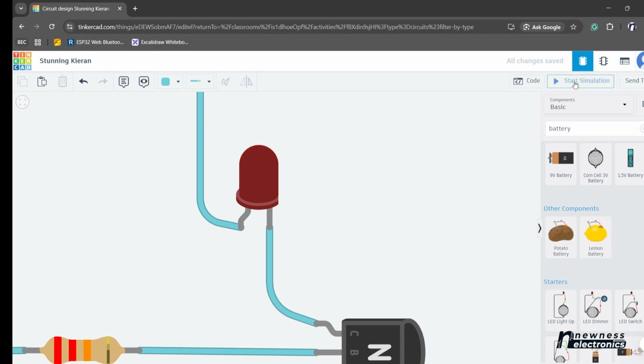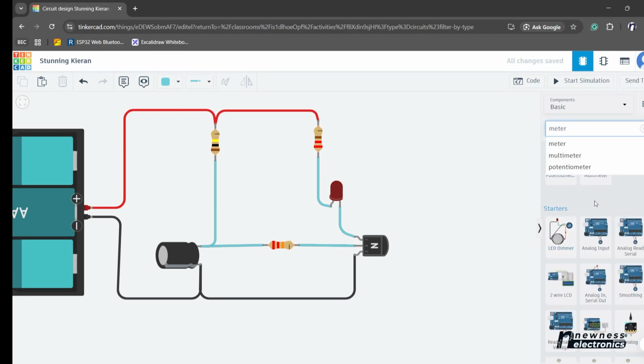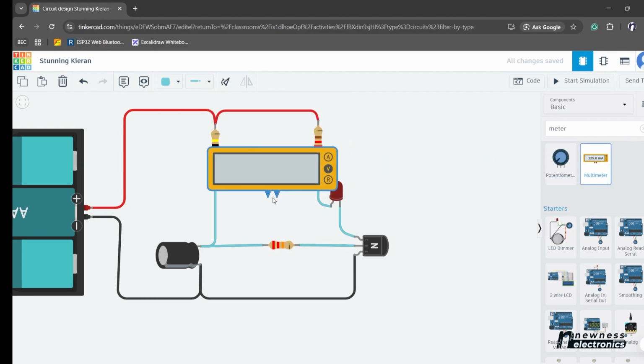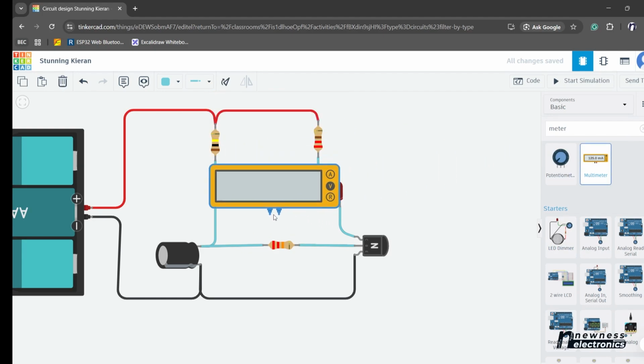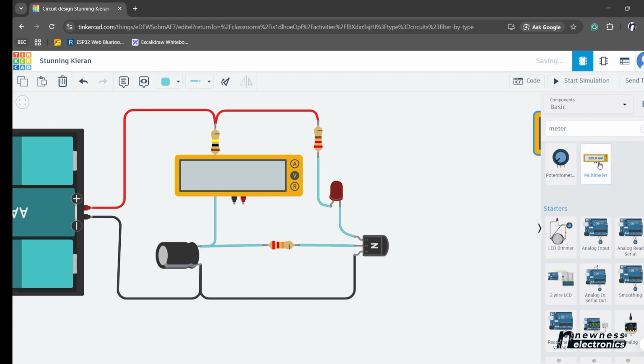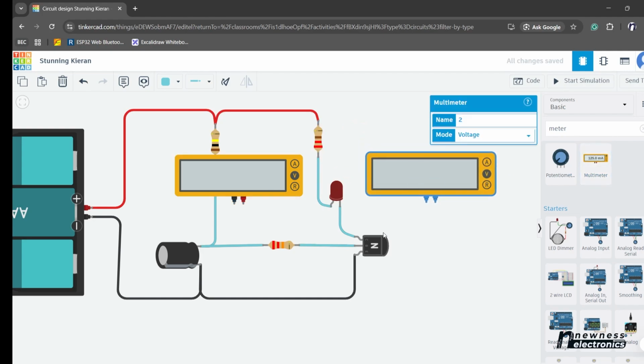Let's see how we can understand what is actually going on in this circuit. Let's attach a multimeter. I'm going to put one to monitor the voltage at this junction. I'm going to put the other to monitor the voltage at the collector here.